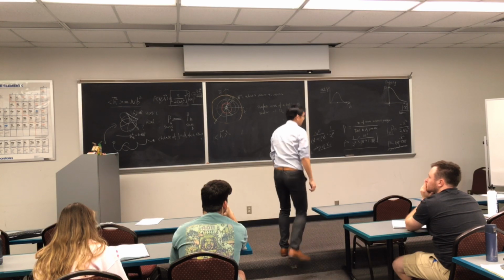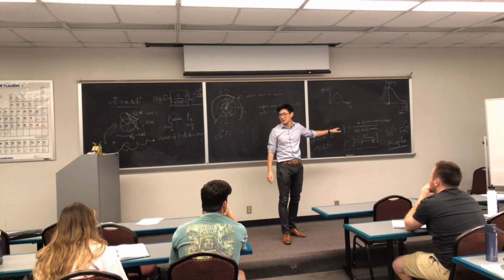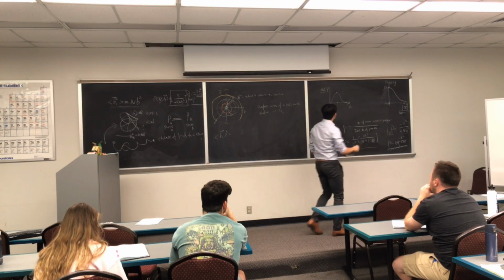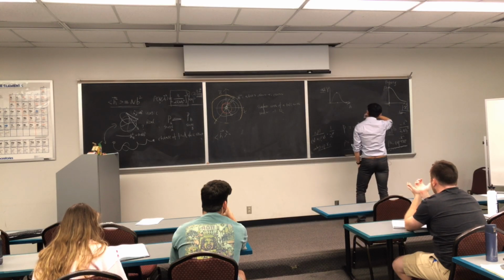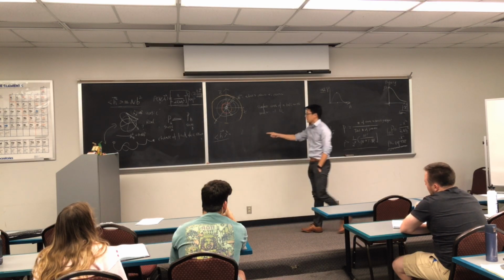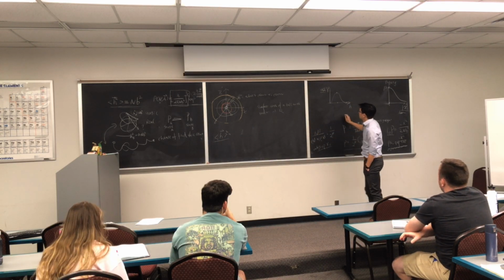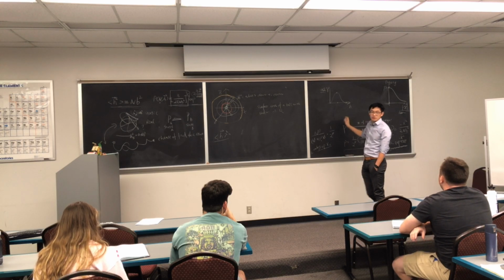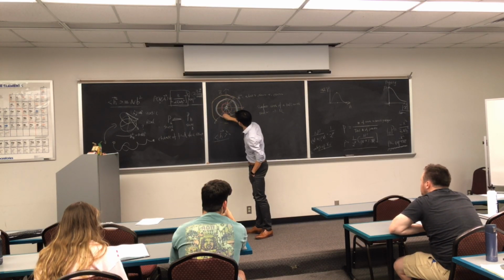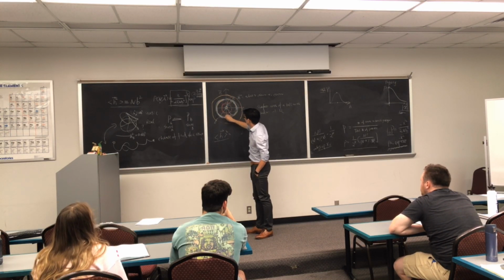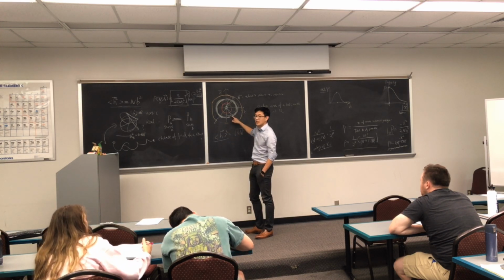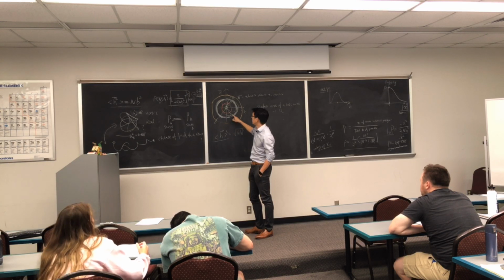Similarly, today's lecture is about, for a given state, what end-to-end distance do you see? Because what we previously talked about is always the average end-to-end distance. So h squared will always be the mean square end-to-end distance. If we take the square root of it, this would be the average end-to-end distance of your polymer chain.